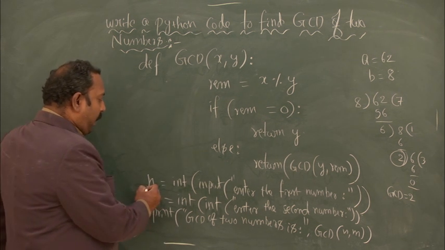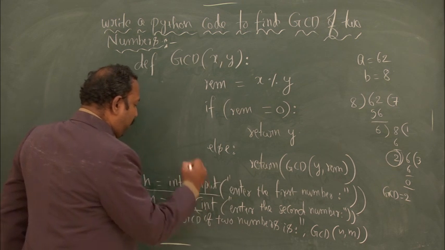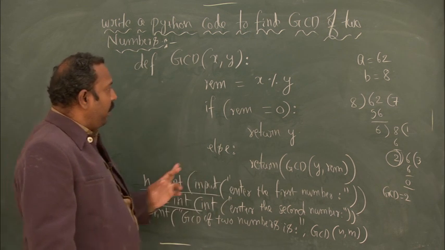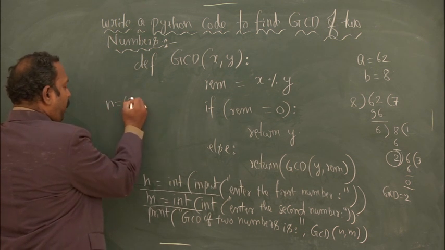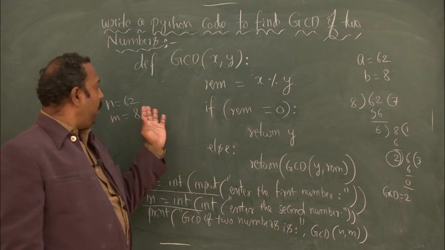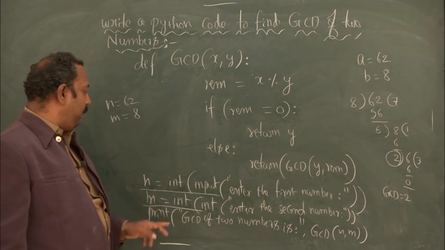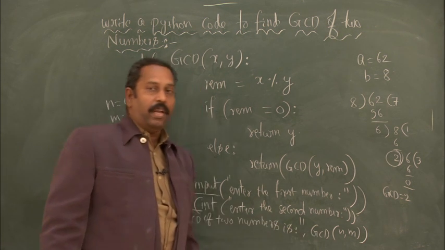Here n is one integer value and m is another integer value. Suppose I give n value equal to 62 and m value 8, and print GCD of two numbers equal to GCD of n comma m.